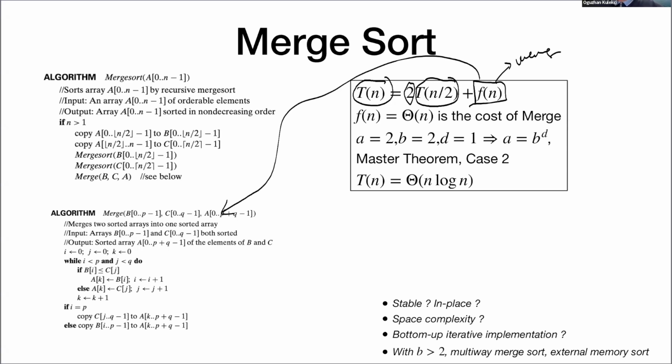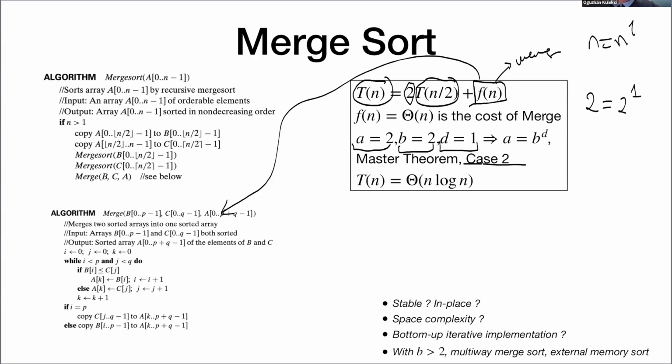If you would like to use the master theorem, then what will happen? A is equal to 2, b is equal to 2, and f(n) is equal to n, which is n to the power of 1. So d is equal to 1. That means 2 is equal to 2 to the power of 1, and that makes it case 2.